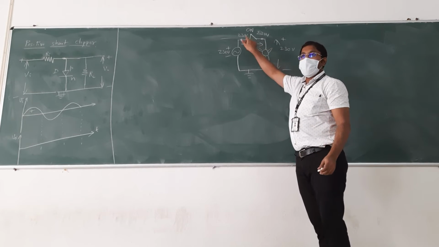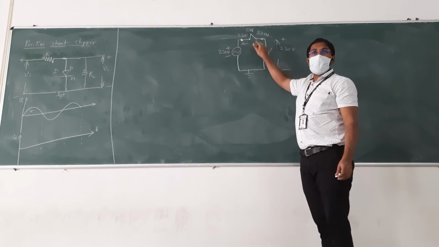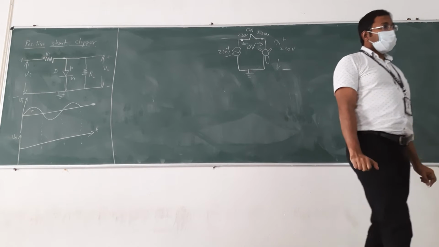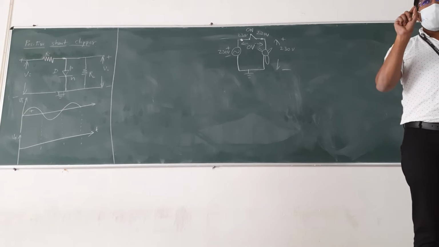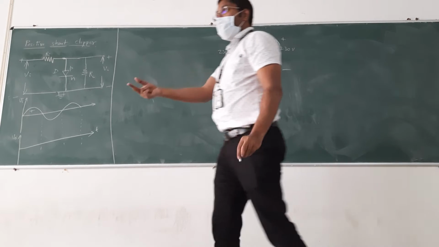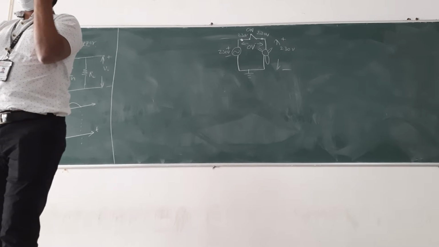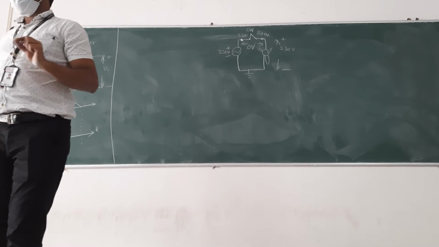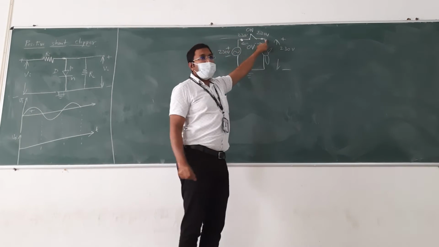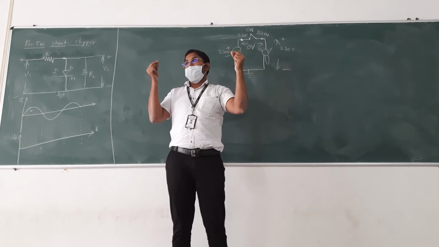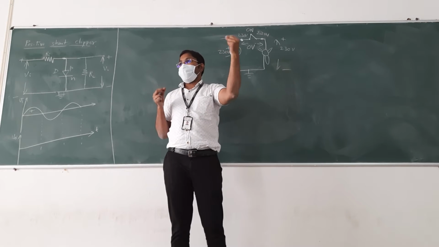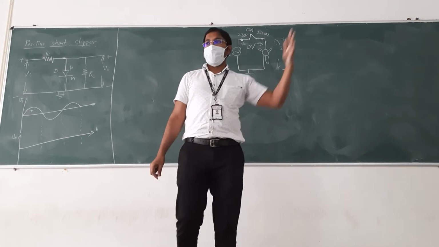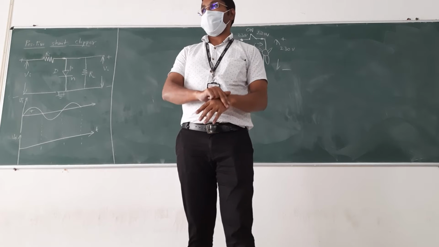So 230 minus 230, how much? 0 volt. When the switch is on, the voltages at its two ends are equal, here 230 and here 230. That is how your fan runs when you switch on.